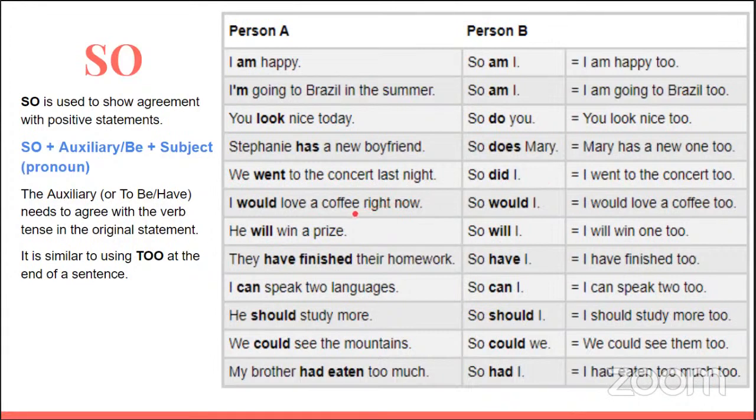I would love a coffee right now. So would I. I would love a coffee too. He will win a prize. So will I. I will win one too. They have finished their homework. So have I. I have finished too.